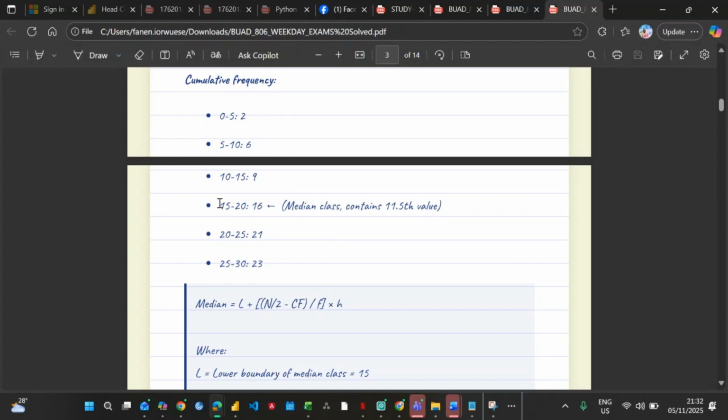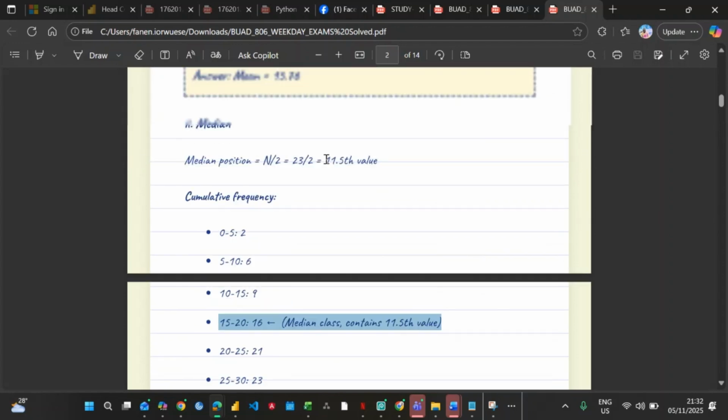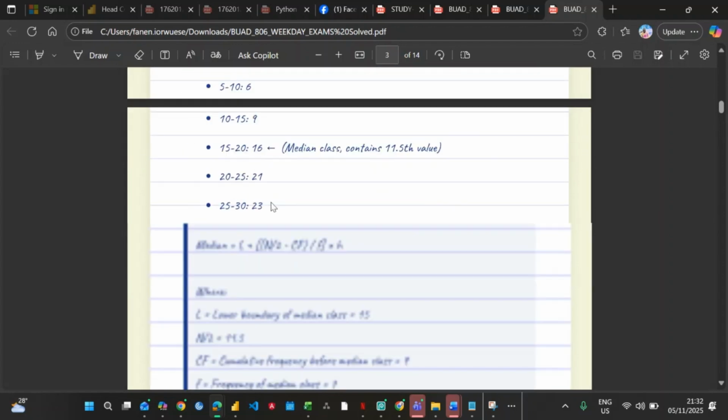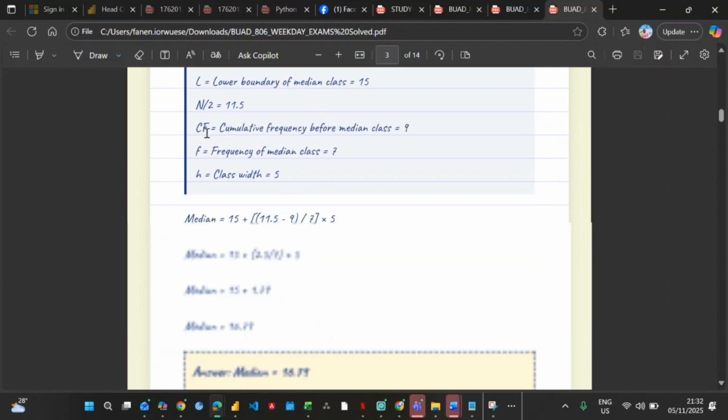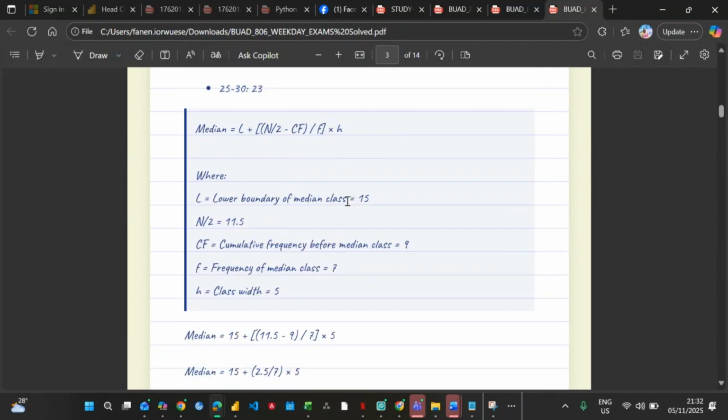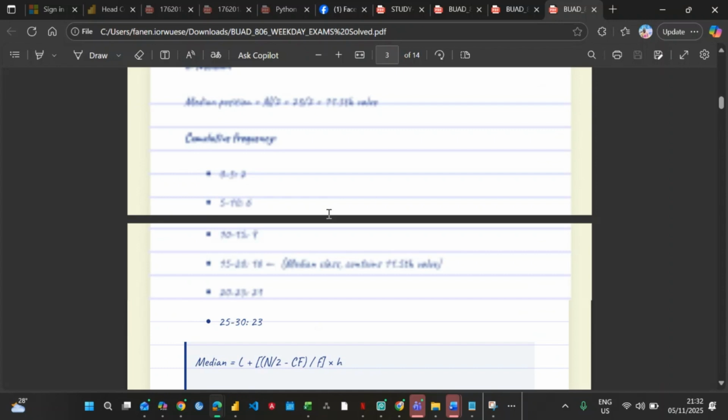Then we have 16 here. This is 9, this is 16, and 21, and then this. So we now get our median value within this range. That is actually what this value shows us. So we got it within this range.